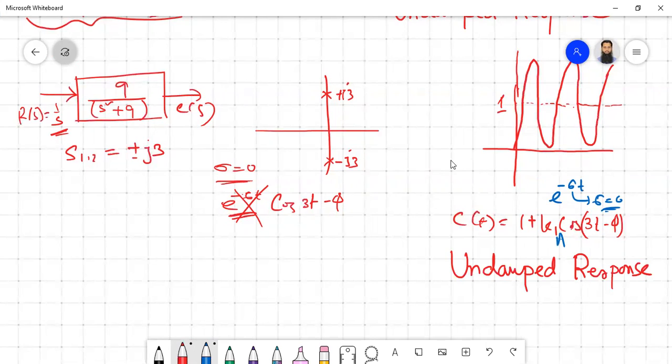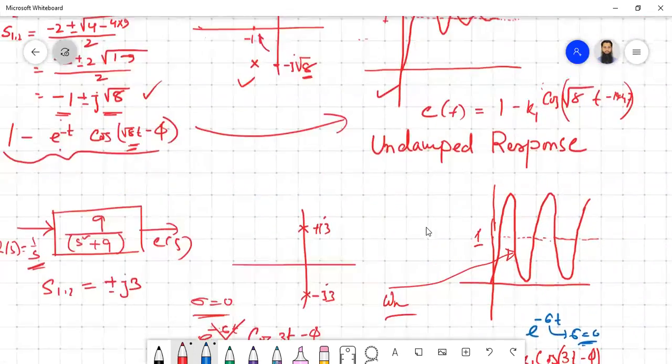One thing we forgot to discuss in the last one is the frequency of this oscillation. The frequency of oscillation here is called the natural frequency, omega n, because without damping, whatever the frequency is, that is your natural frequency.